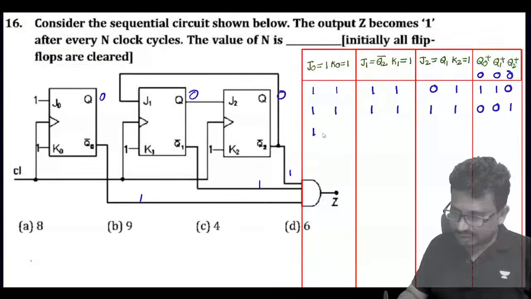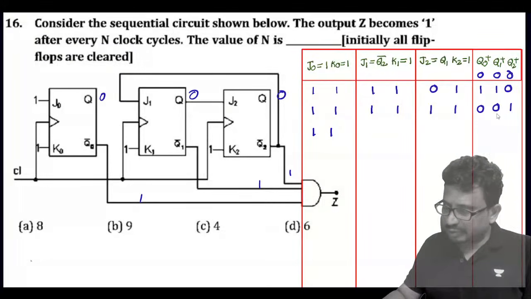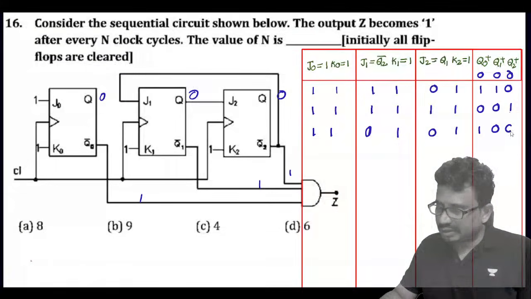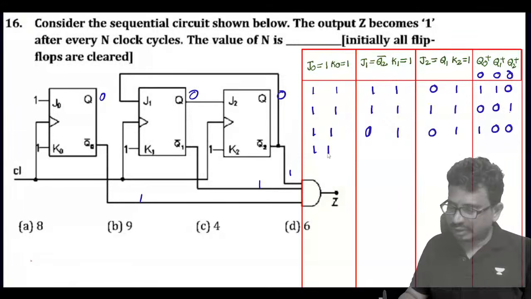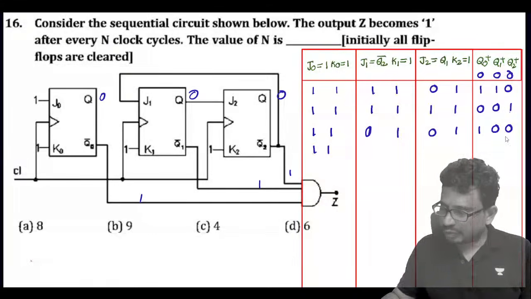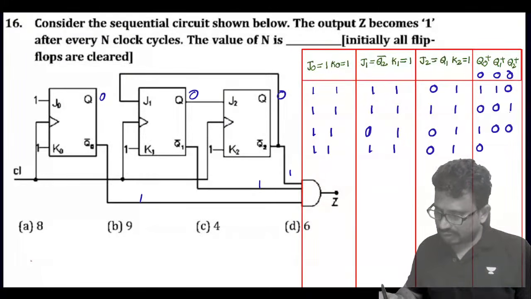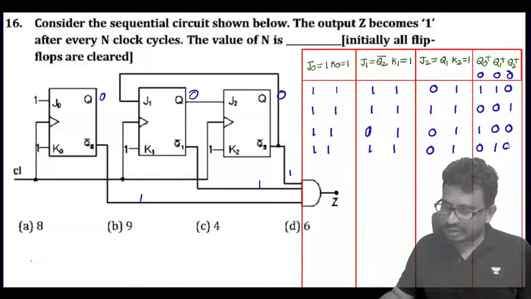Okay. So again 1 1. Q2 bar is 0, this is 1, Q1 is 0. 1 1 toggle, 0 1 reset. Next 1 1, Q2 bar is 1, Q1 is 0, this is 1. 1 1 is toggle, toggle, and this one is reset.